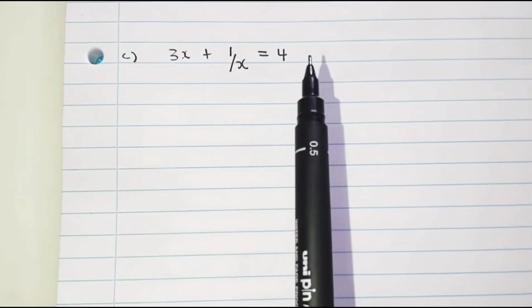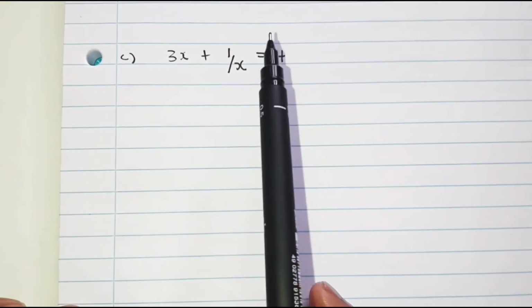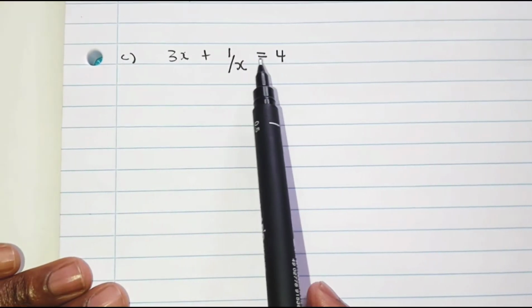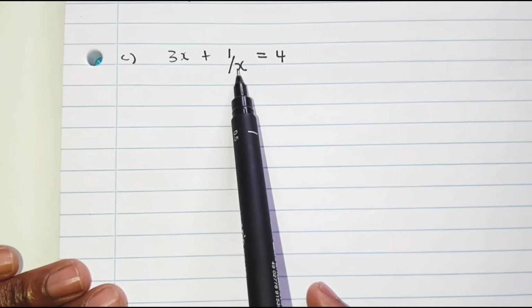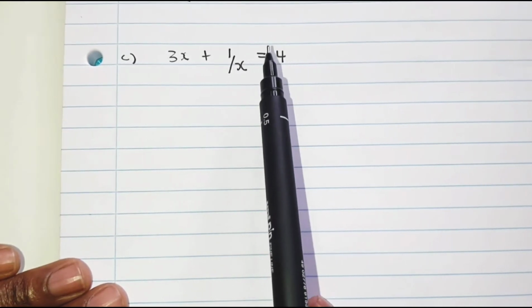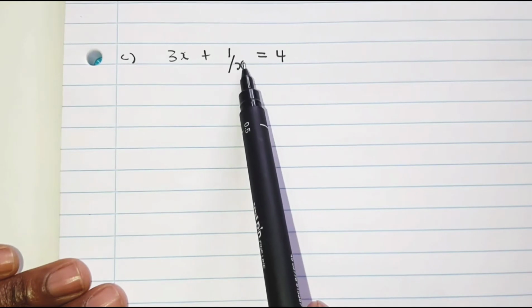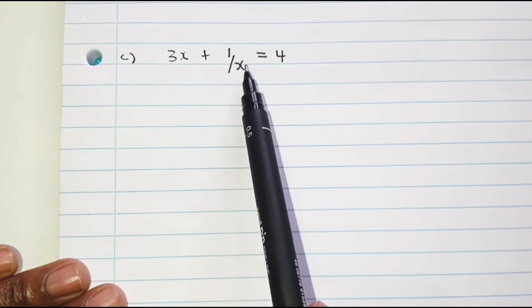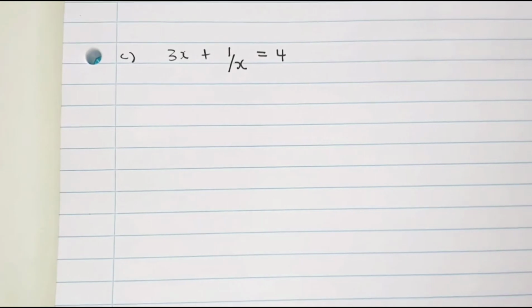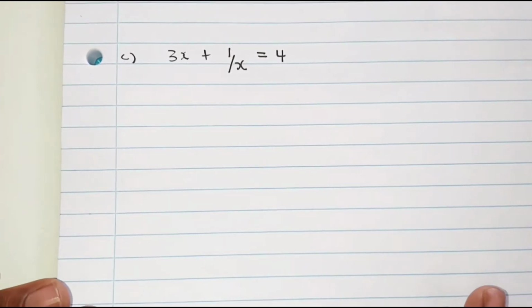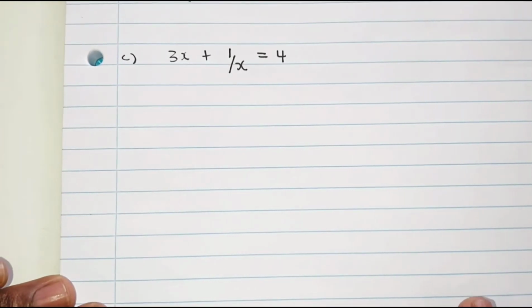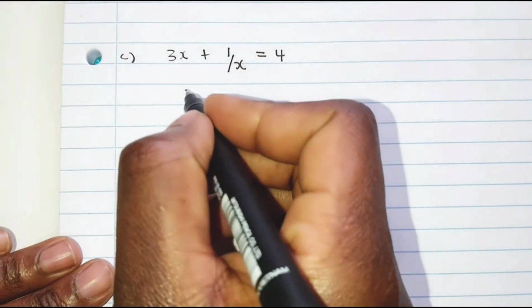We have realized that we have a fraction, so we're going to multiply throughout by x to get rid of the denominator.